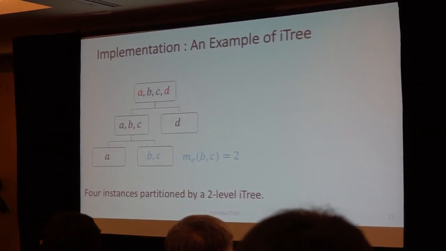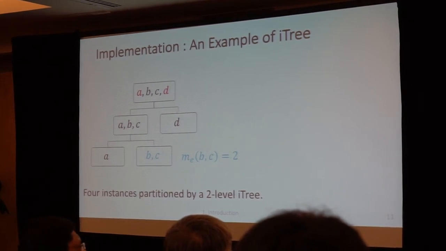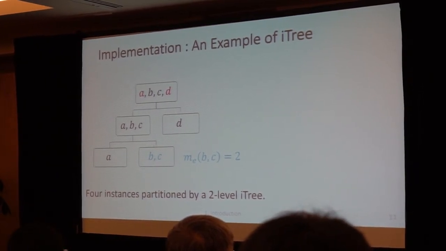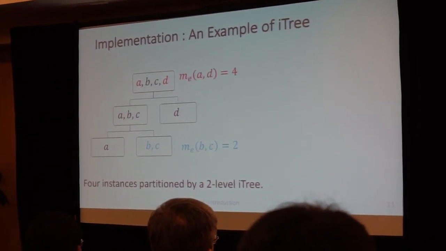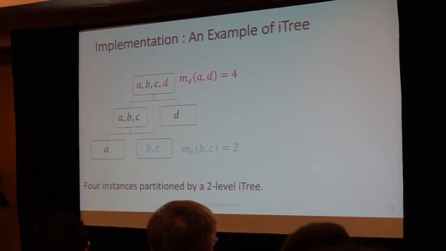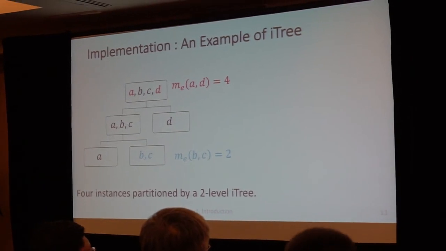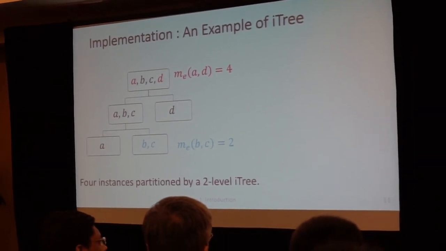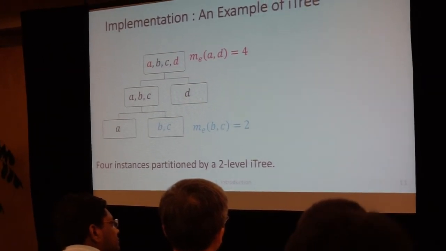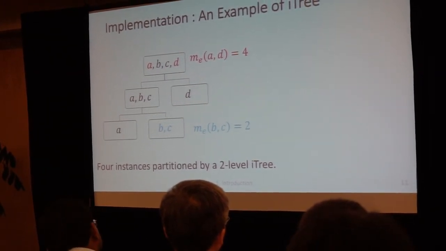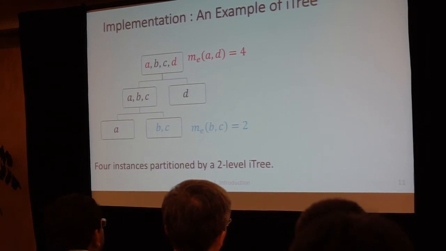Now let's say you want to find out the probability mass, or the similarity or dissimilarity, between A and D. Then the lowest node, the smallest local region that covers A and D, in this case is 4.